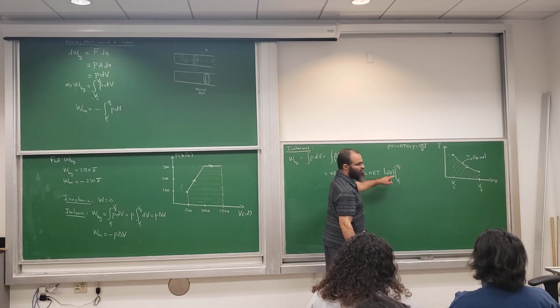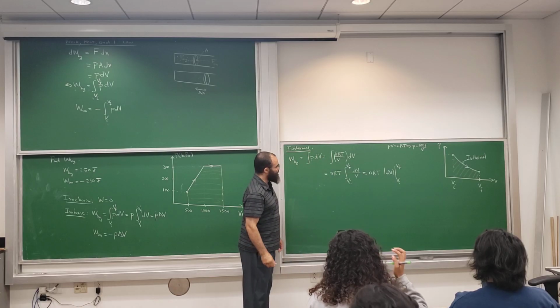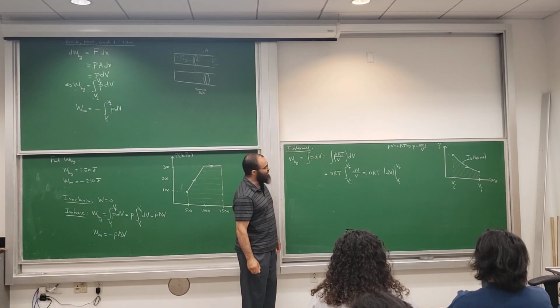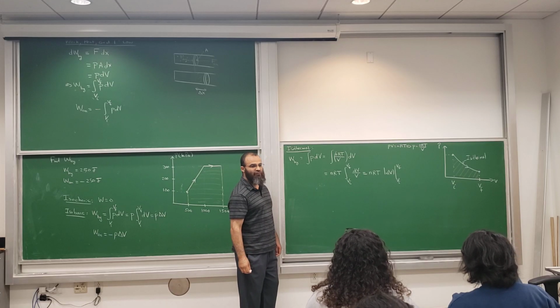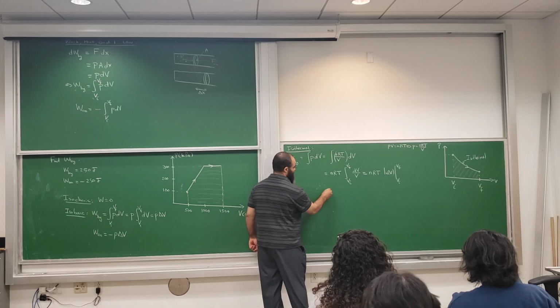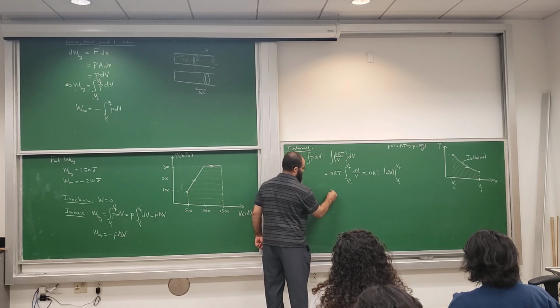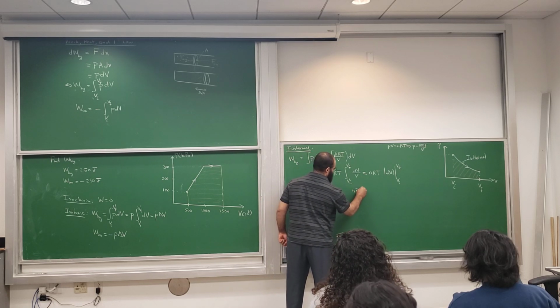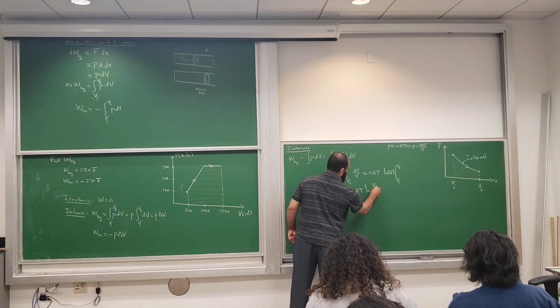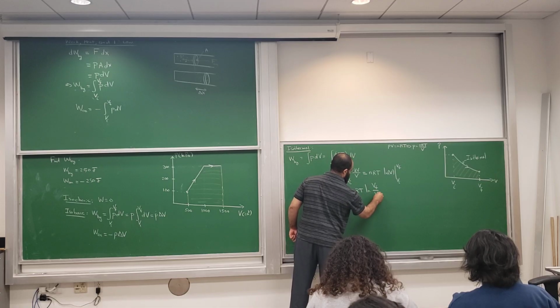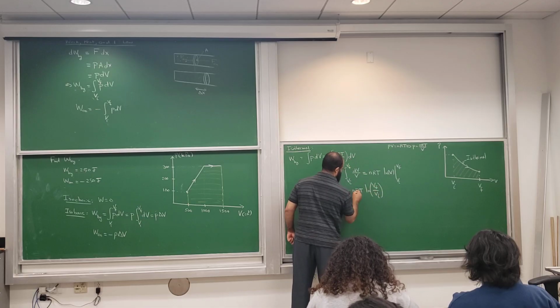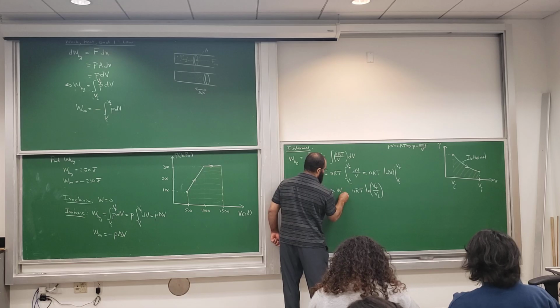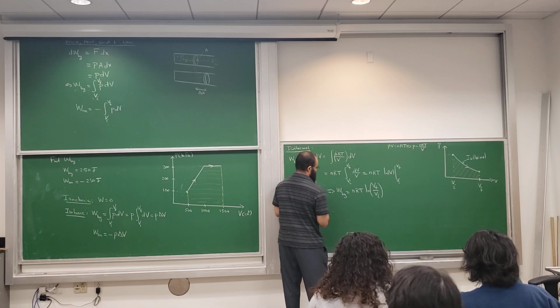V is positive. So with the natural log, you have ln V final minus ln V initial. What does it become? ln of V final over V initial. Yeah, it's going to be this: nRT ln of V final over V initial. And that's the W by the gas.